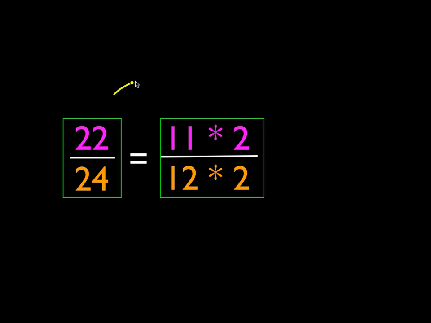So you're supposed to somehow decompose this number. The fact that both of them are even makes this a little easier. So you say, oh, there's got to be a 2 in both of them, right? So 11 times 2 and 12 times 2. Now, just like when we multiplied, 2 over 2 is equal to 1. And so we can eliminate the 2 over 2. We can cancel it out.